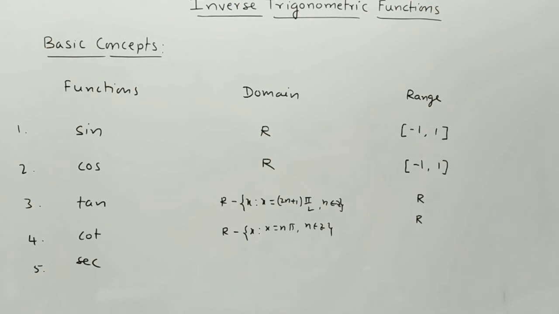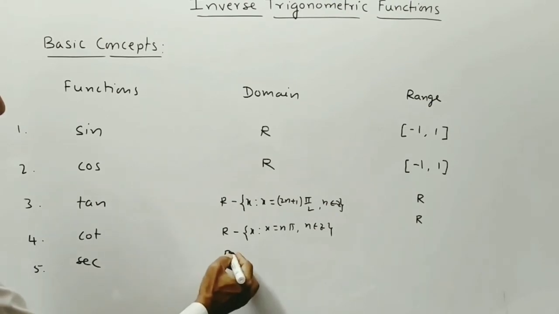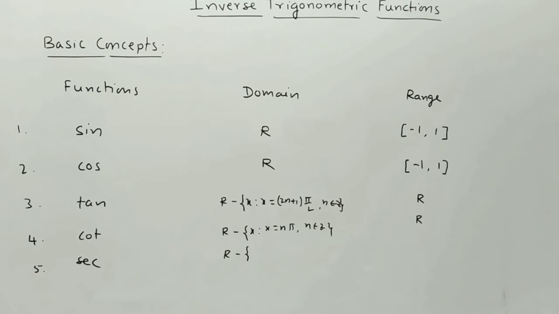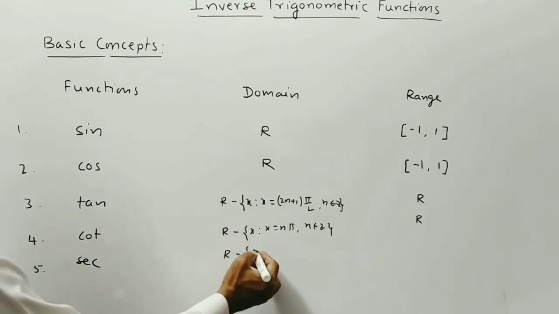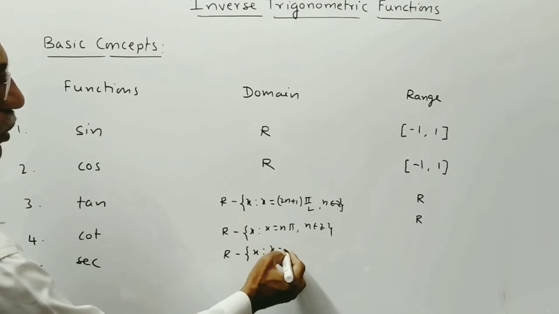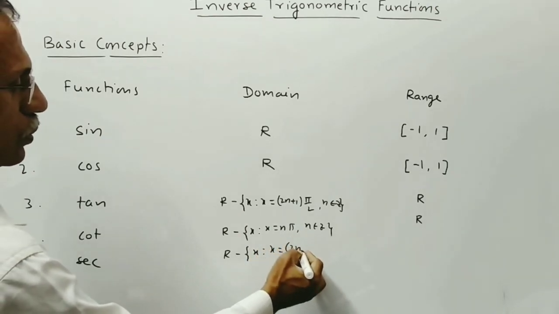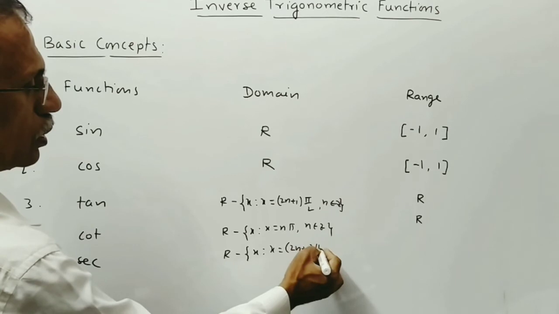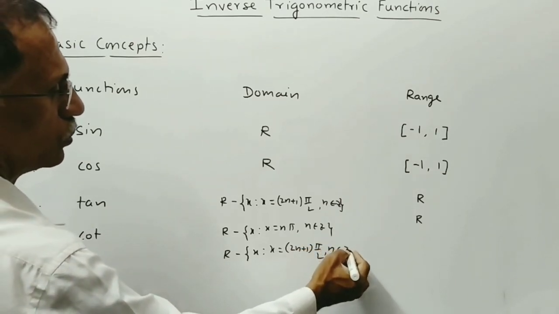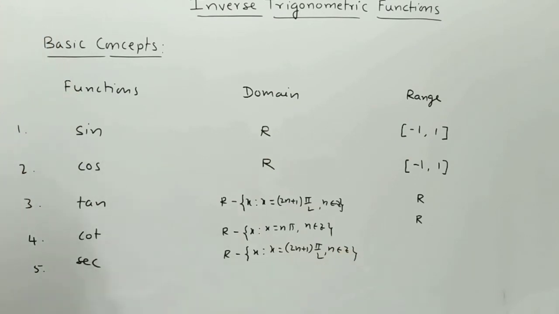Sec is nothing but 1 by cos. Cos should not be 0. Therefore, domain of this function is set of all real numbers minus set of all x such that x is equal to 2n plus 1 pi by 2, n belongs to z.